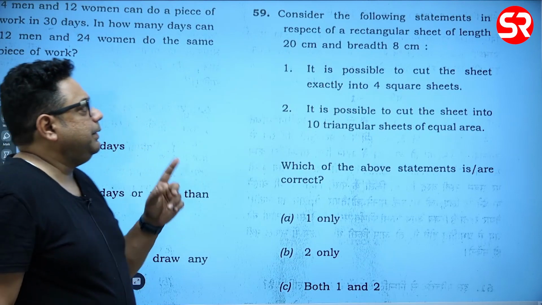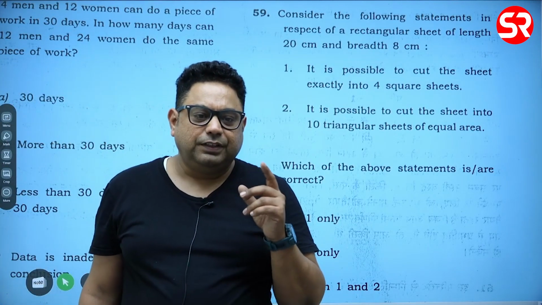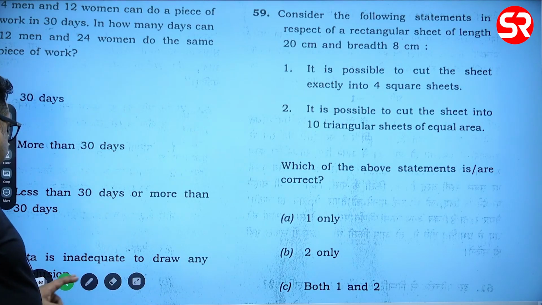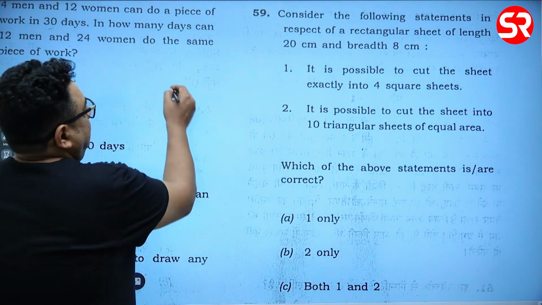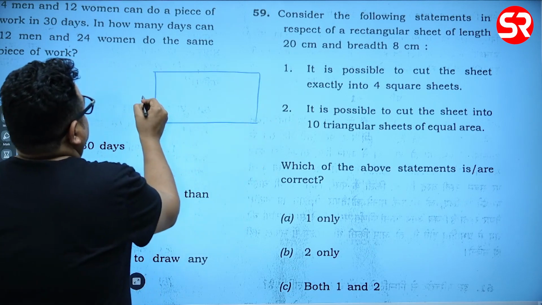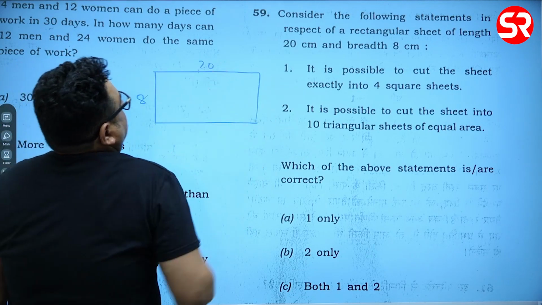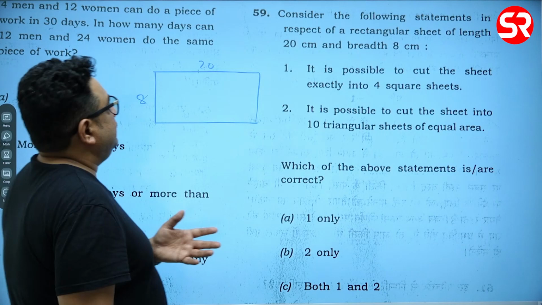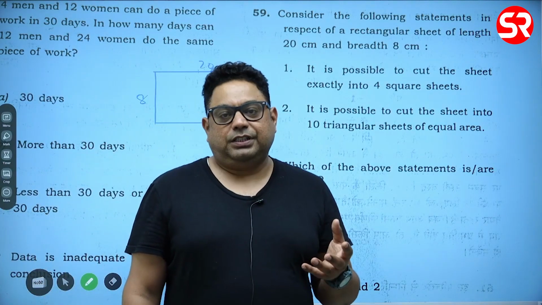Consider the following statement in respect to the rectangular sheet of length 20 and breadth 8. He says it is possible to cut the sheet exactly into 4 square sheets.